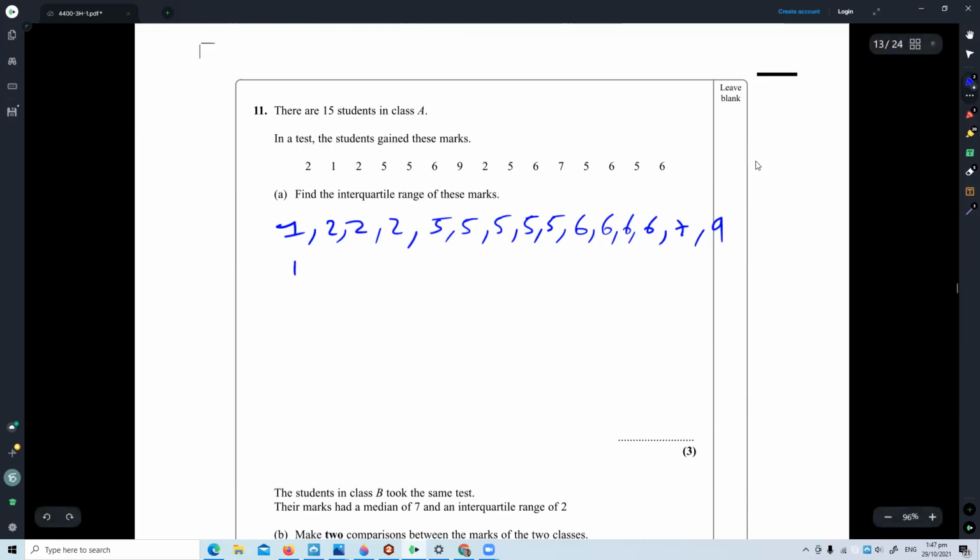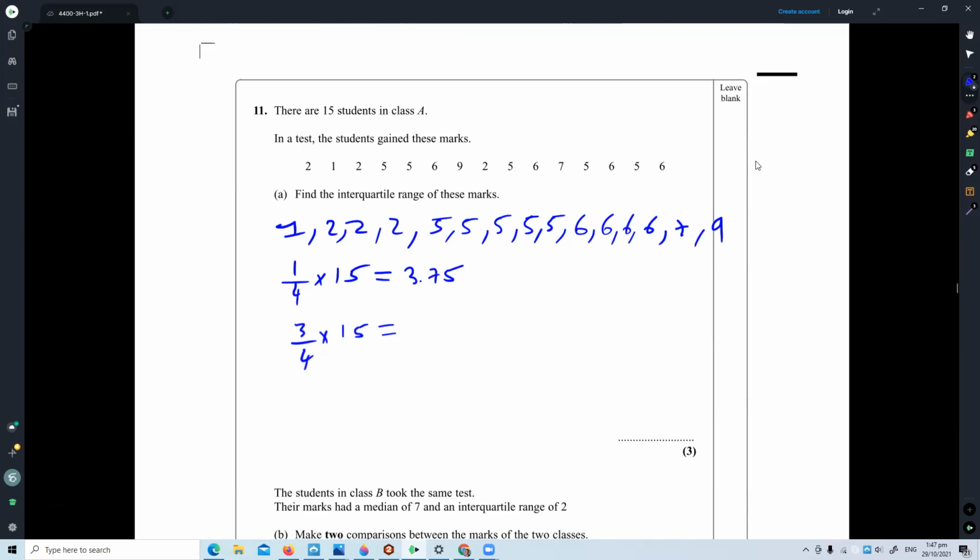And I'm just going to look for a quarter of 15, or 0.25 times 15. Well, a quarter of 16 is 4, so a quarter of 15 is 3.75. And I have to look for 3/4 of 15. So 3/4 times 15. And 3 times 15 is 45.